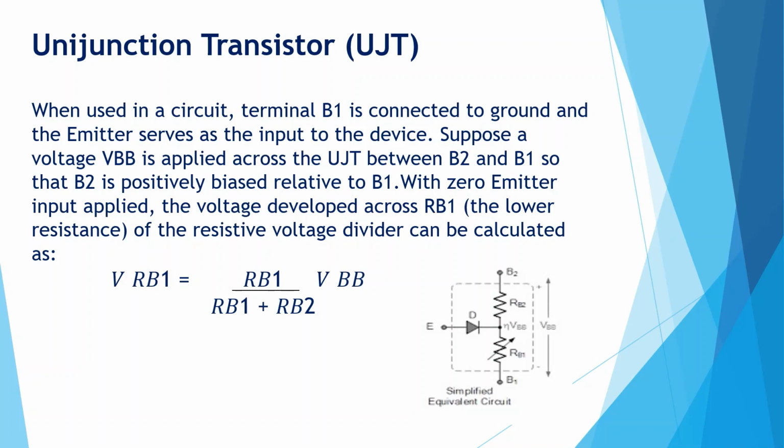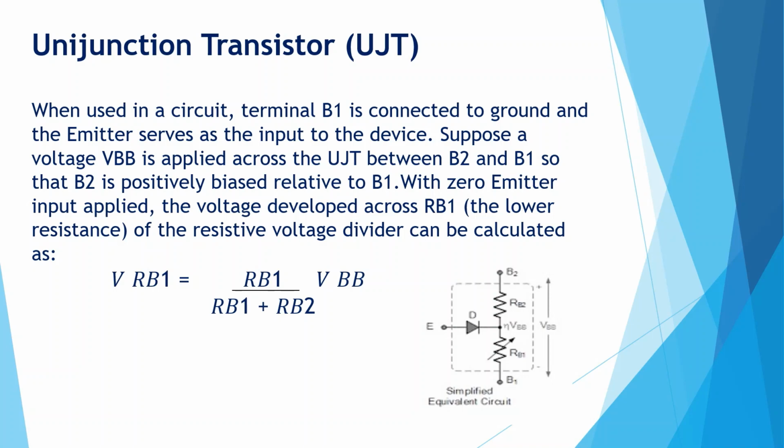Now let us try to understand unijunction transistor operation. When a UJT is connected in the circuit, just refer to this diagram, and as I said, potential between B1 and B2 is the total potential VBB. When used in the circuit, terminal B1 is connected to ground.